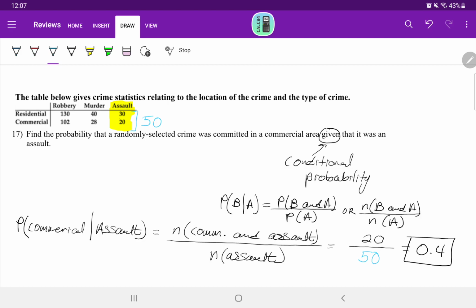So out of the 50 crimes that happen to be an assault crime, how many of those crimes were also in a commercial area? And that is 20. That's why the probability of commercial given an assault is going to be 20 out of 50. If that makes sense to you guys. So yes, make sure you have this formula down, because I'm not going to write it down again. I mean, the formula itself, I'm just going to plug in the values into the formula.